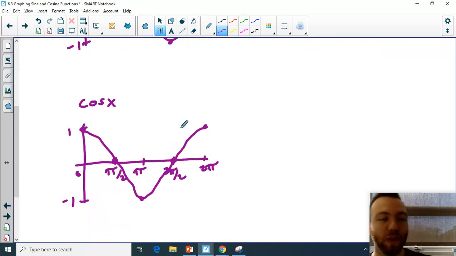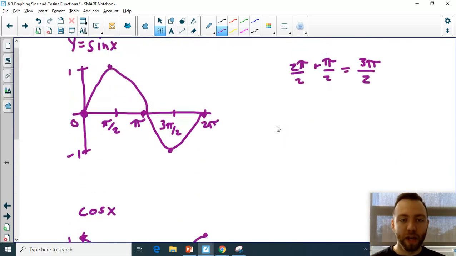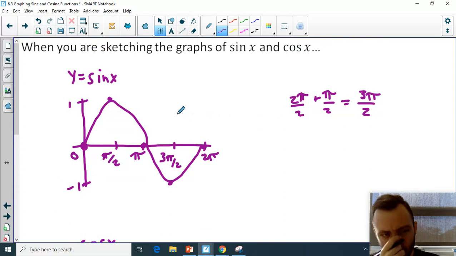And the reason this is really helpful is because if I say, hey, what's sine of pi? Instead of sketching a unit circle, where pi is 180 degrees and sine is the y value, which is going to be 0, if you think of this graph in your head, you know that it crosses 0 because my tick marks are pi halves, pi, 3 pi halves, 2 pi.